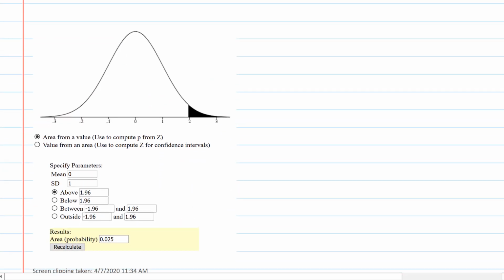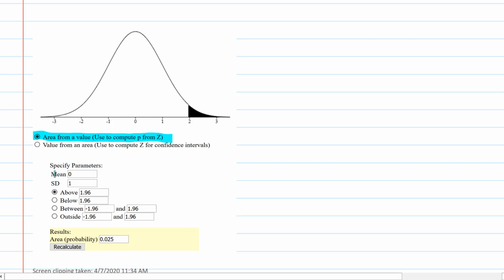So here's a little screenshot here, and you can see that there's a bunch of boxes. The first thing I should mention is that we're using the default here, which is we're going to calculate an area from a value. And then in section 5.4, we're going to use the other one, the value from an area.